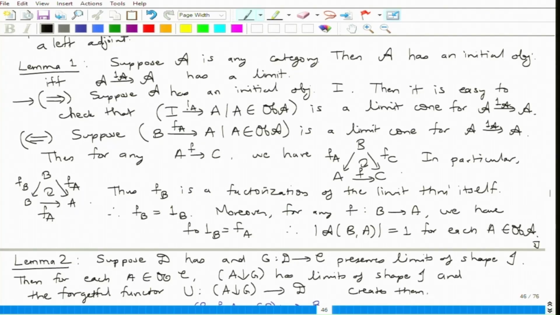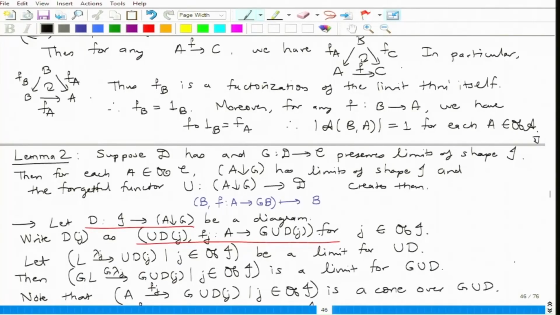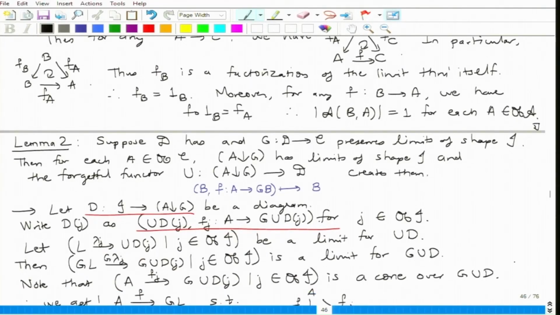If and only if the identity diagram on the arrow category has a limit. Okay, so what is the shape of the identity diagram? Well, let's call it J. Now substitute that J in lemma 2. It's not necessarily small, and G preserves limits of shape J, so let J be equal to the arrow category itself. So the identity functor has a limit if and only if there is an initial object.